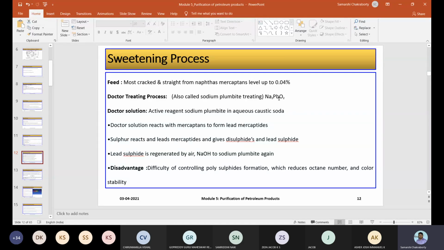That is where the lead is actually coming from: when your mercaptan comes in contact with the doctor solution, it gets converted into lead mercaptide. The sulfur reacts with lead mercaptide and gives disulfide and lead sulfide. Once this lead sulfide is produced, you can regenerate.